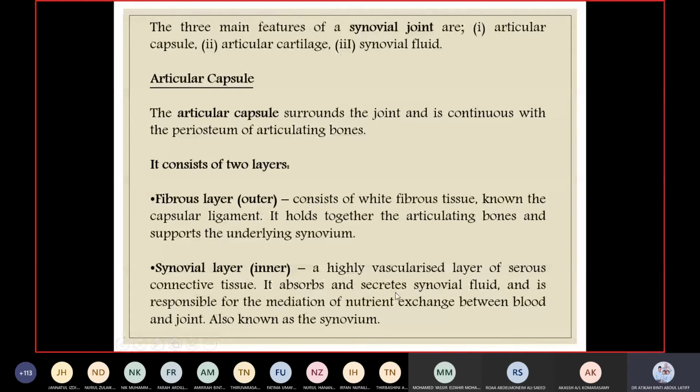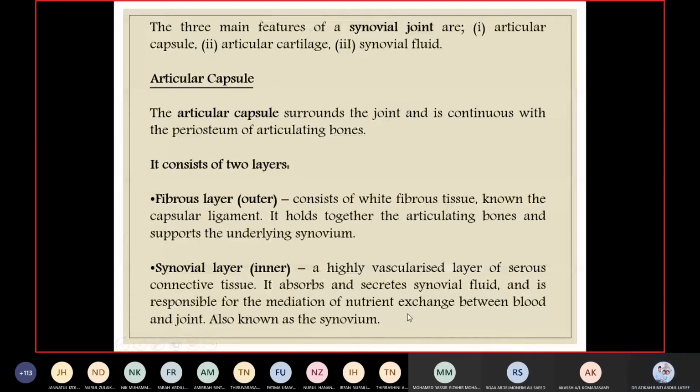It absorbs and secretes synovial fluid and is responsible for the mediation of nutrient exchange between blood and joint, also known as synovium. So as the name suggests, the synovial layer inside is what secretes and absorbs synovial fluid. This will create nutrient exchange.